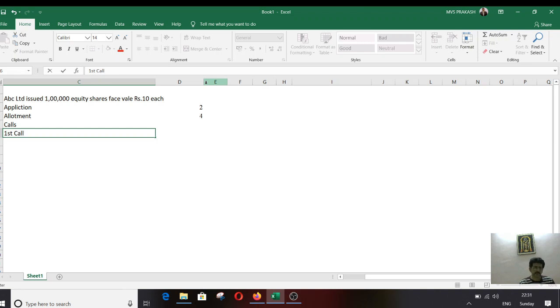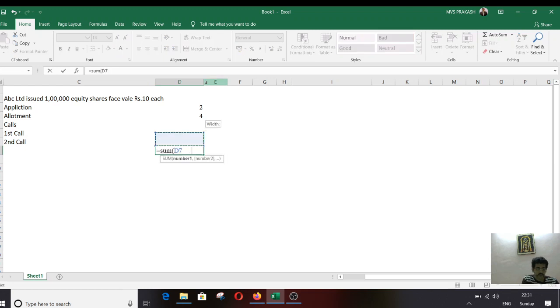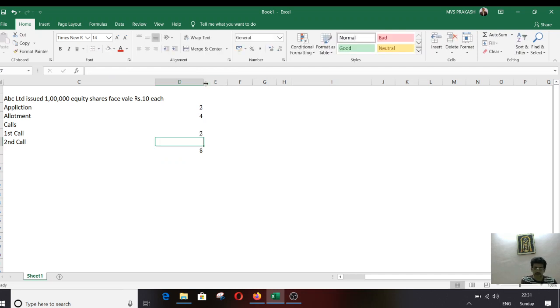Now let us consider there are two calls: first call and second call. The total face value of the share is 10 rupees. I had received 6. So 3 rupees will be received in terms of the first call, 1 rupee in terms of the second call. Ultimately, the total amount is going to be 10 rupees per share. That's the breakup.